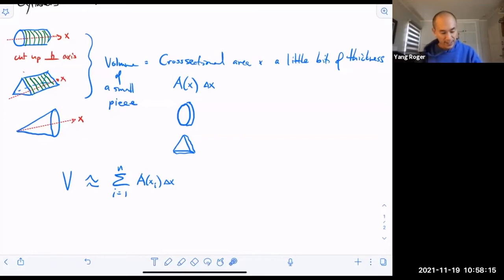Does that make sense? So what we're going to do is chop up perpendicular to the axis running through there. And when we chop this guy up, your coins kind of look like this.